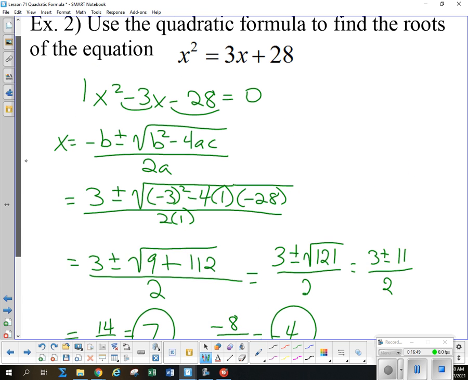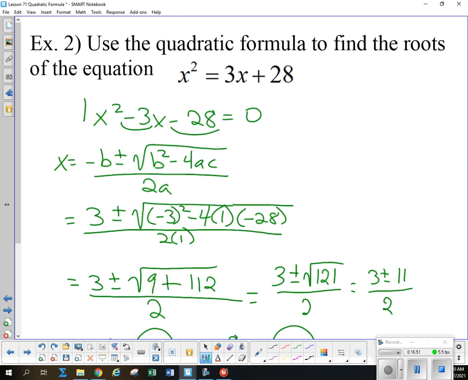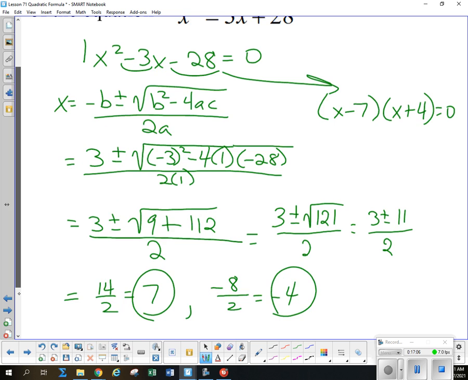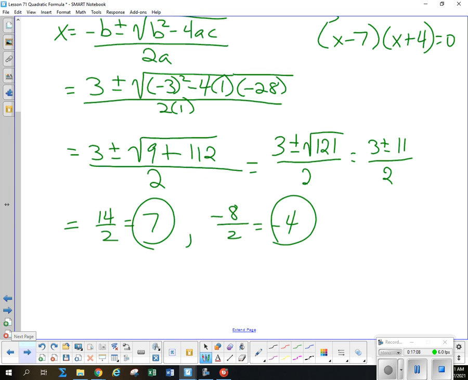When you have integers like that, if you come back up to your original, two things that multiply to be negative 28 and add to be negative 3, I could have factored that as x minus 7 and x plus 4, and I would have gotten the same answers. You do need to read directions. Some of them will say use quadratic formula, some of them won't.